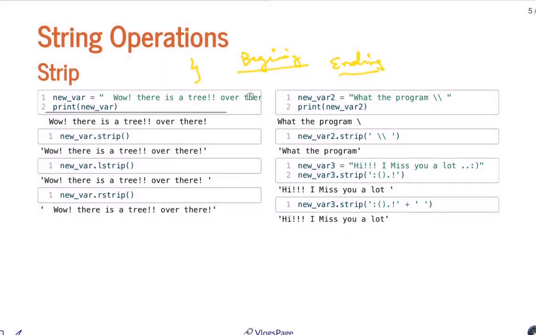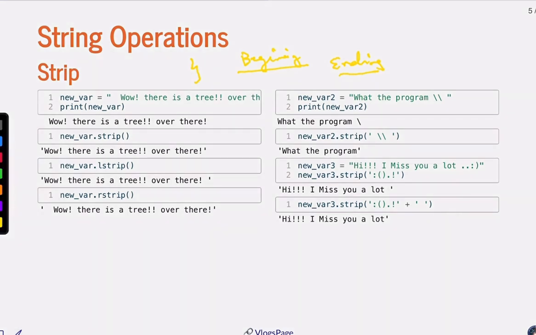Here you can see that we have declared a new variable with a space, "Wow, there is a tree over there", and a space. So if you want to just remove those spaces, you can see here it's a very simple statement: new variable dot strip. That's it. By default, it will remove the spaces, both at the beginning as well as at the ending.